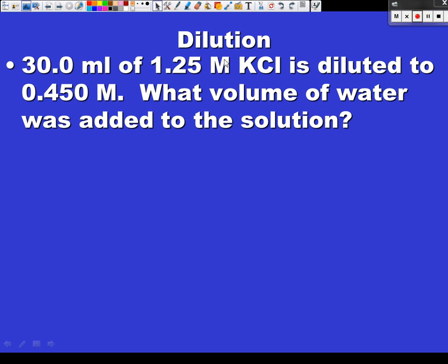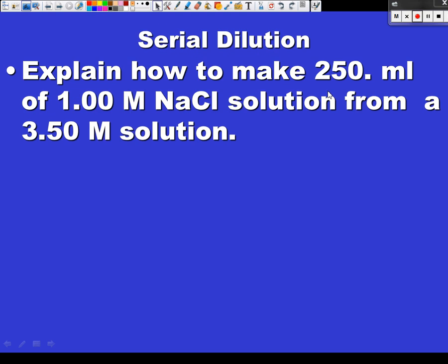Your very last statement should have been, which would make 250 milliliters of a 0.1 molar NaCl solution. That 0.1 molar is less than 3.5, so that last sentence tells you you just diluted it. But what if it overflows your jug?